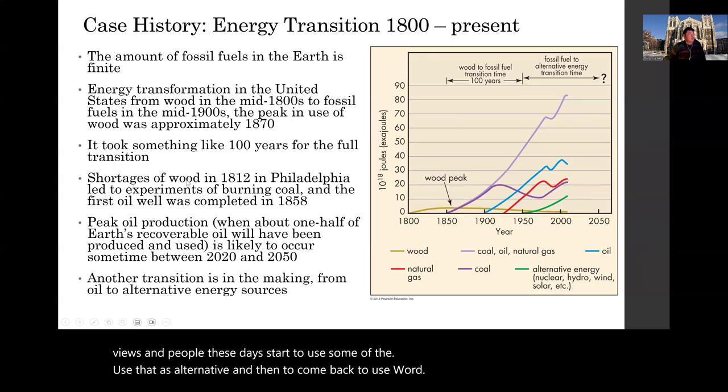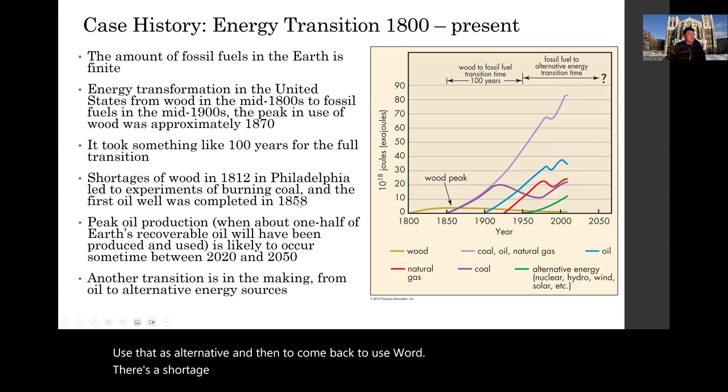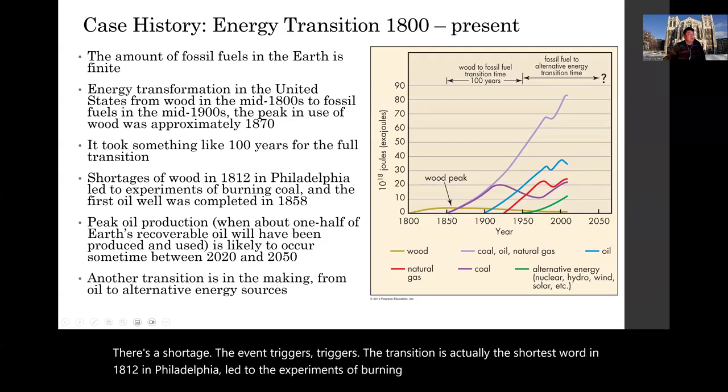There's a shortage. The event that triggered the transition was actually the shortage of wood in 1812 in Philadelphia, which led to experiments of burning coal, and the first oil well was completed in 1858.